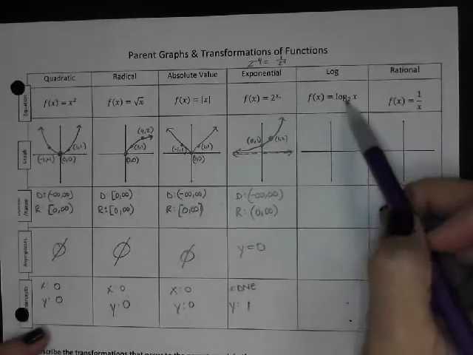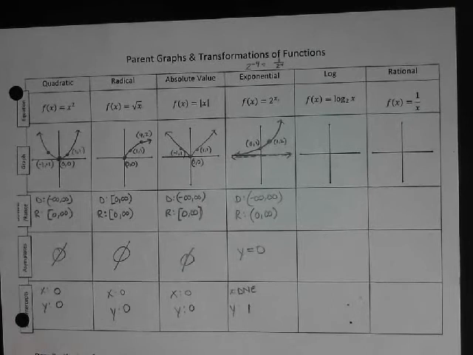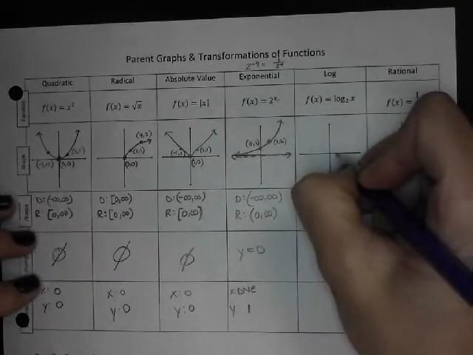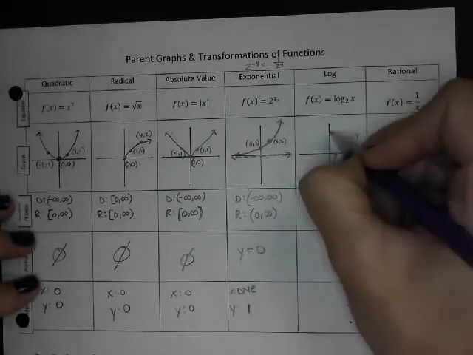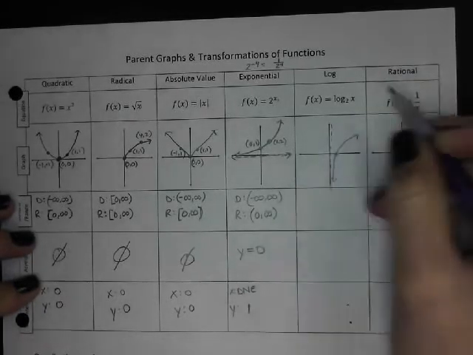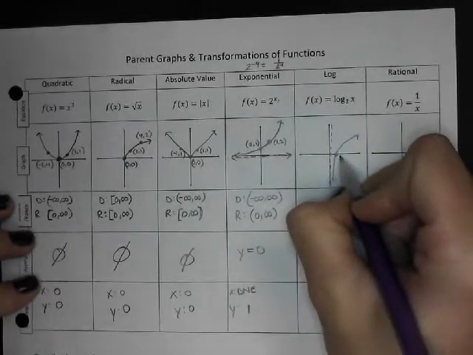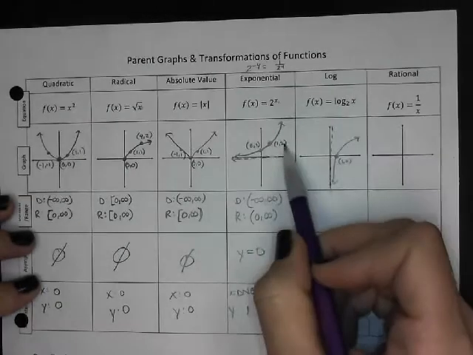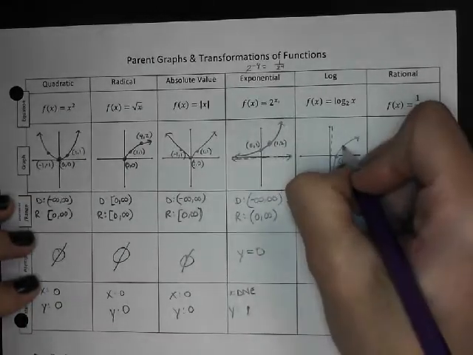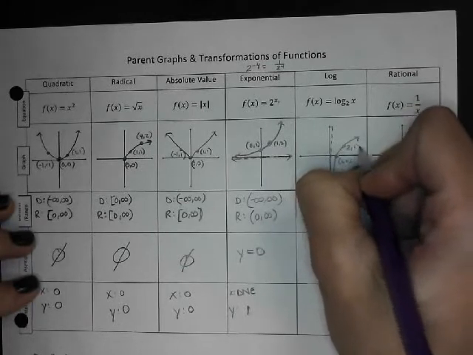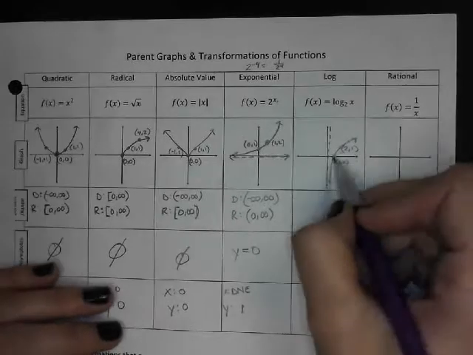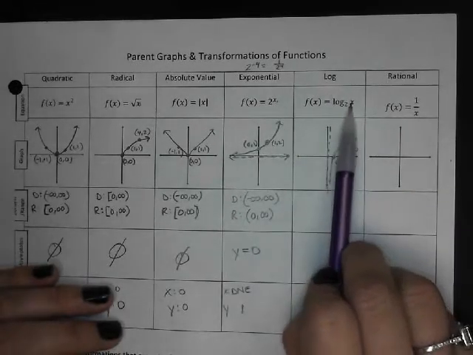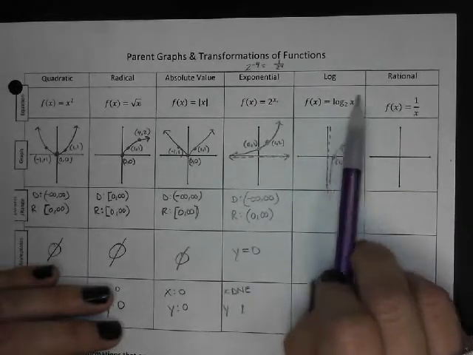Now log base 2 of x, on the other hand, is the complete opposite because it's an inverse to the exponential. So we have the y-axis as our asymptote. We have not (0, 1), we have (1, 0), and not (1, b), but (b, 1), which is (2, 1) in this case because your base is 2. So your domain, you can only plug in positive numbers. You can only take the log of positive numbers.